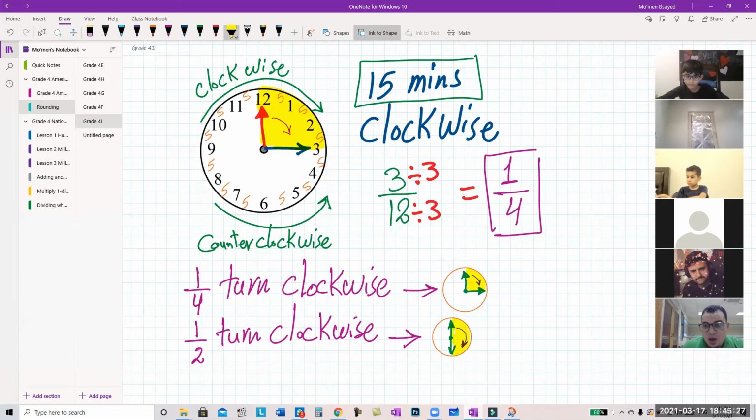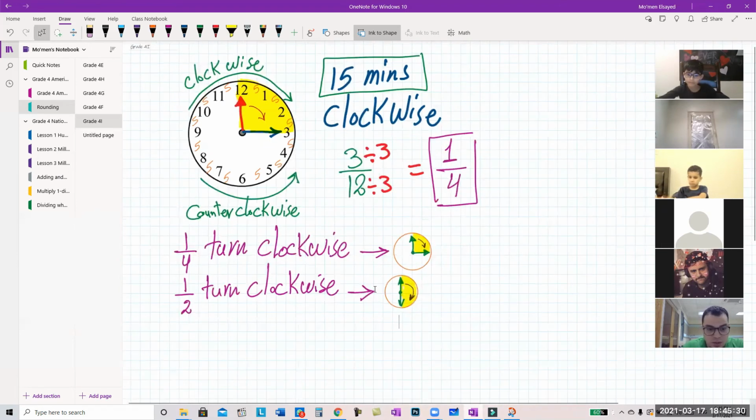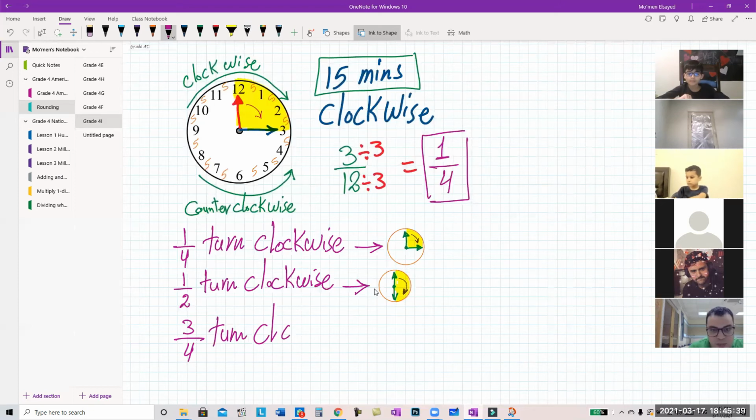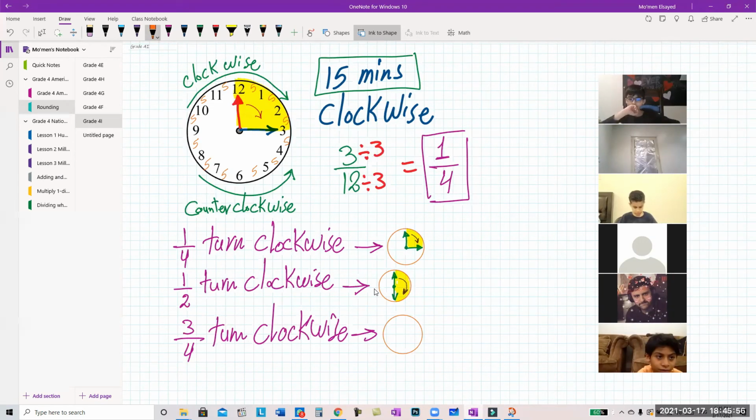Yes. Okay, the next one, we're going to move 3/4 turn clockwise. So who can help here? Okay, I think Ali Sihati can help. Yes, teacher.